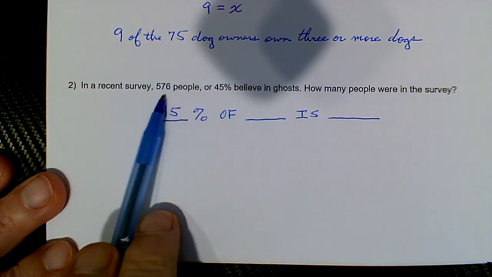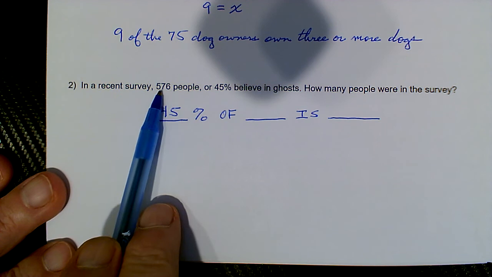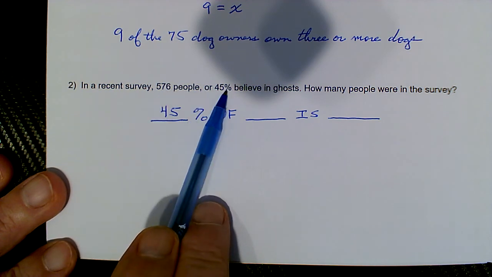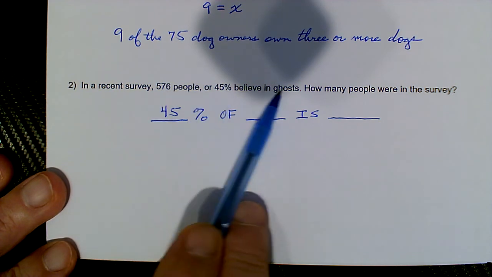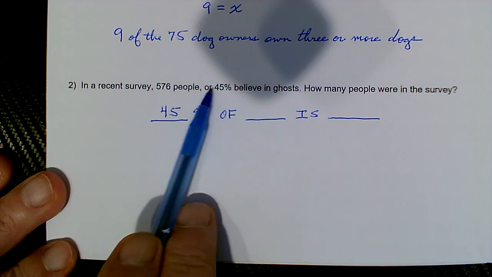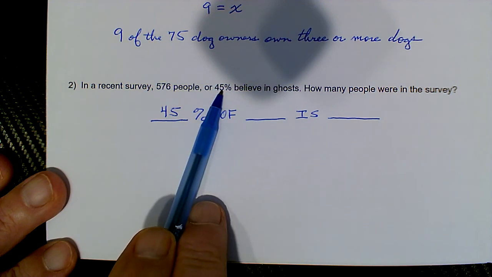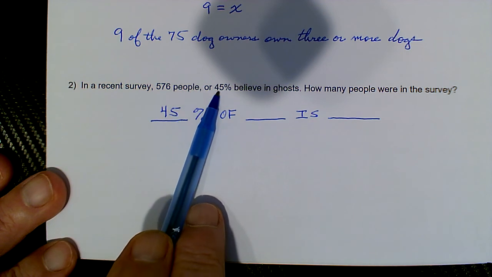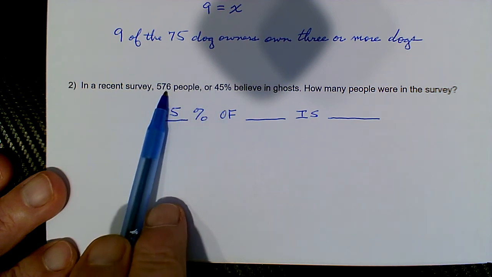And here we have to think a little bit carefully. There's 576 people, or 45%, that believe in ghosts. So the 45% represents the portion, the percentage of the whole, which gives us the 576 people.